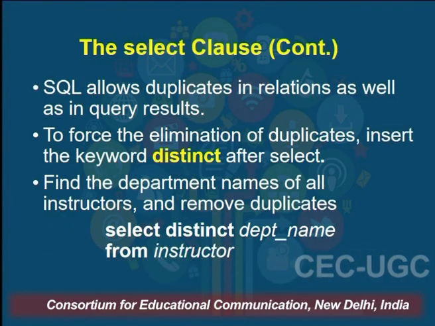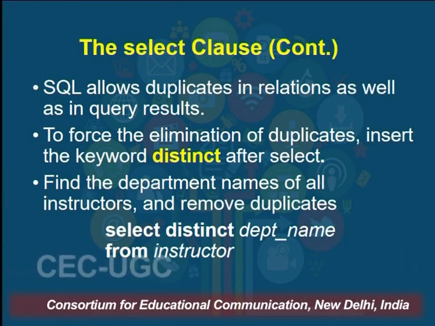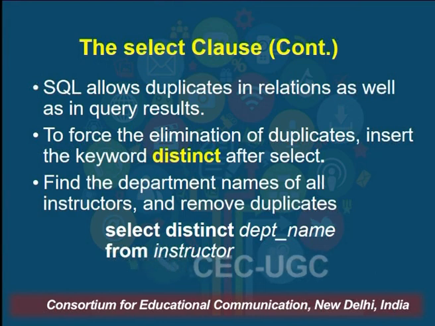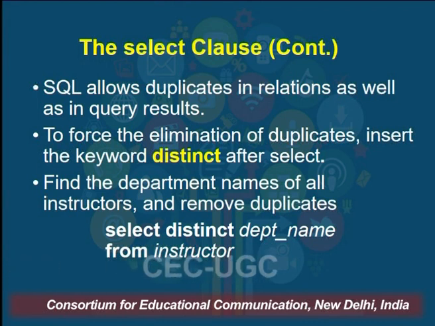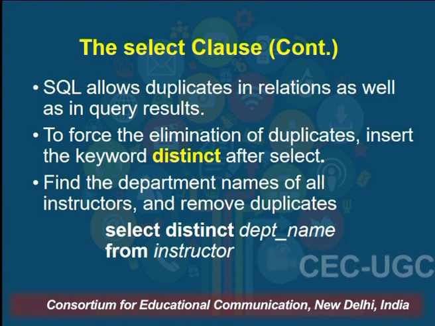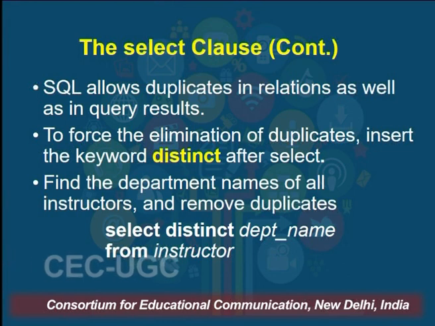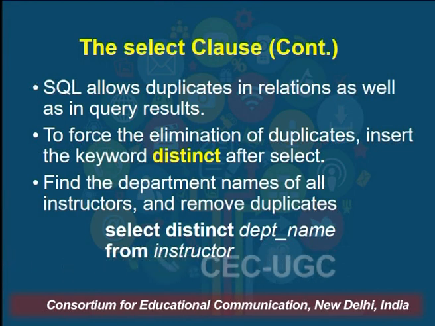Now in this, SQL allows duplicates in relations as well as in query results. So duplicates in relations are allowed, as well as duplicates if available in query results. Now it is up to you whether you want to eliminate the duplicates or include the duplicates, both are possible. In order to force the elimination of duplicates, insert the keyword distinct after select. So the query goes like this: select distinct department name from instructor.